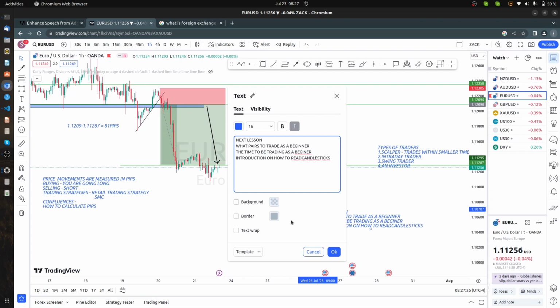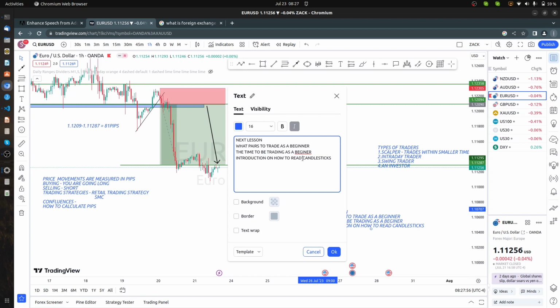So yeah, I'll give a few lessons there on these key topics, because I understand that most beginners need to know the types of pairs to focus on, the time to be trading as a beginner, but that applies even if you're an experienced trader or an intermediate trader. It doesn't solely depend on if you're a beginner or not. It's just for everybody in general.